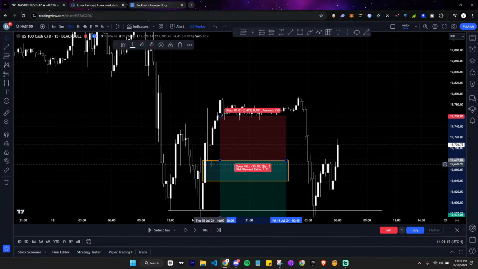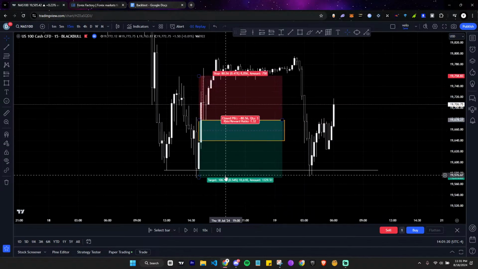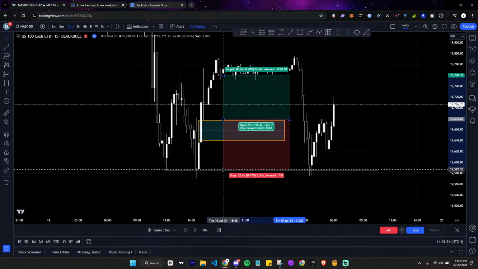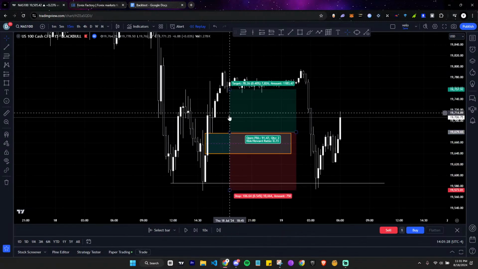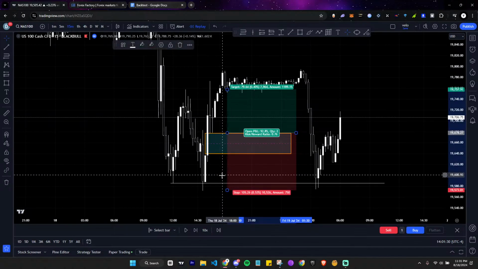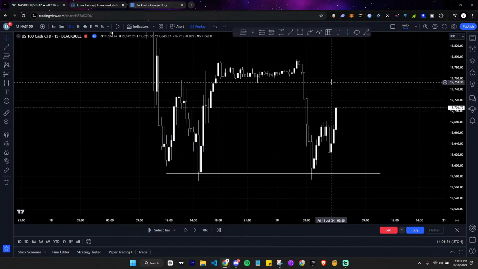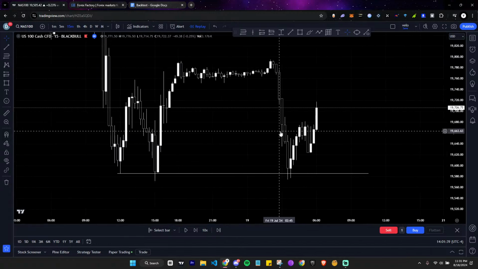Would I be entering on this? Sorry, this was the other way around. My bad. 0.73. See? 0.73. It's not really worth the trade. So that's the question that you gotta ask yourself: is it worth taking this trade in the first place?